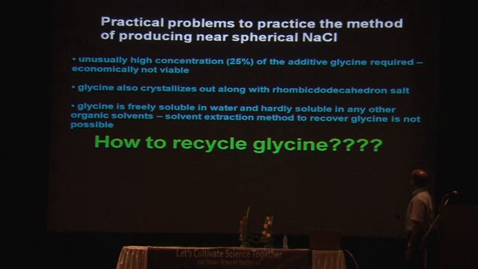So now the practical problem is when we took this result to Hindustan Lever, they said, oh my God, 25% glycine. That is too much. This will not be commercially viable. So we have to solve this problem. How can we recycle glycine? So that was a big problem. Why? Let me tell you how we were doing this experiment.